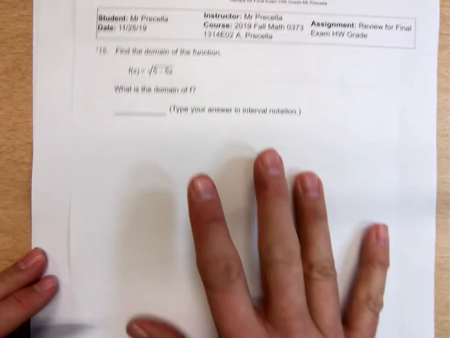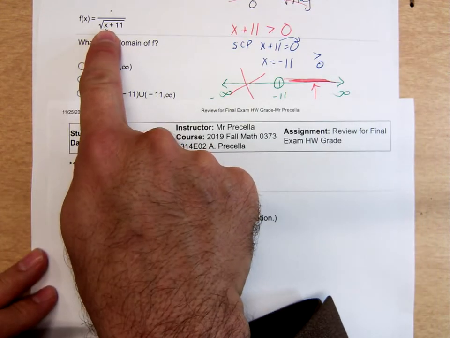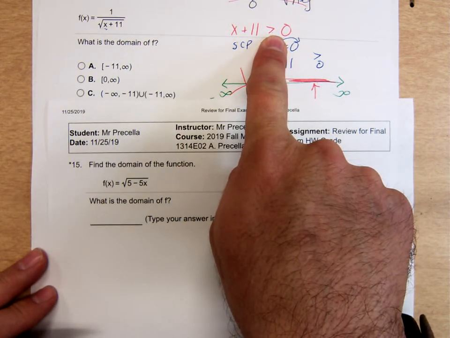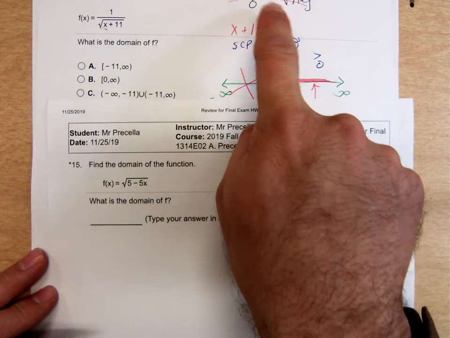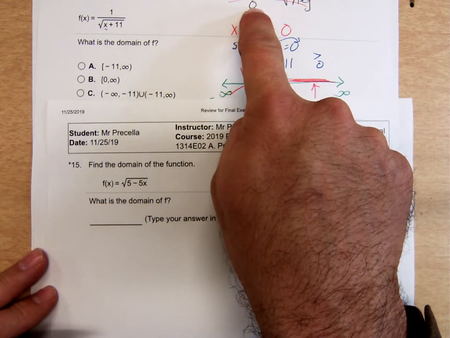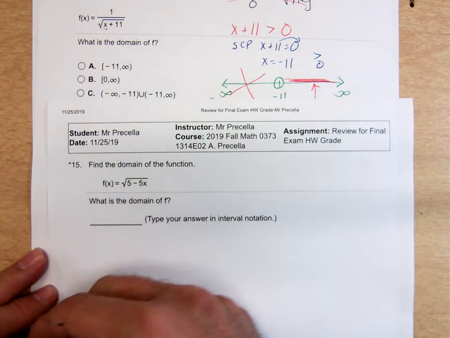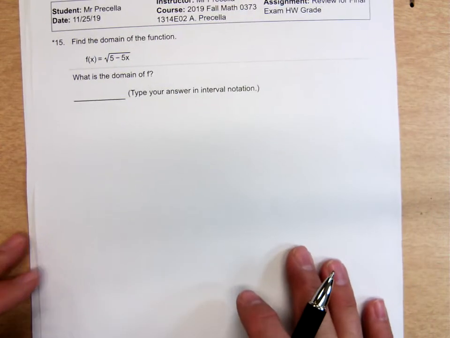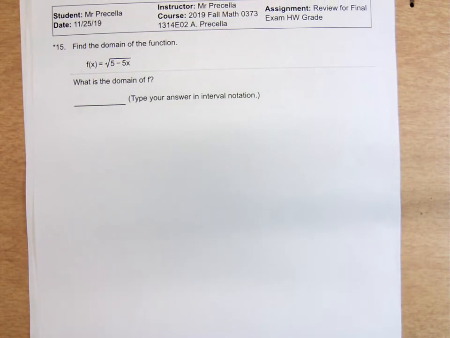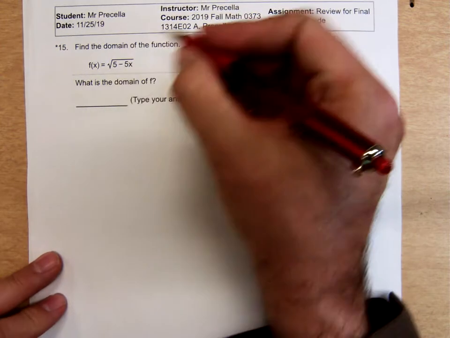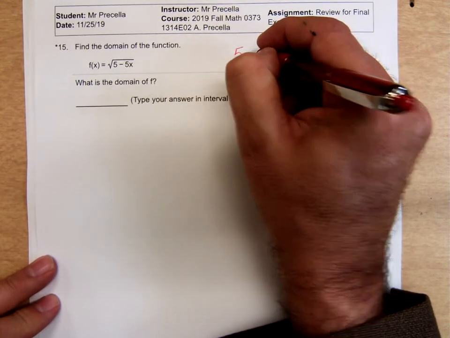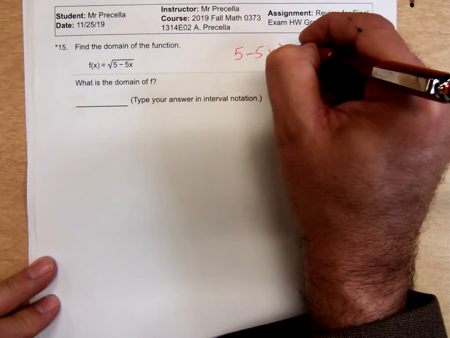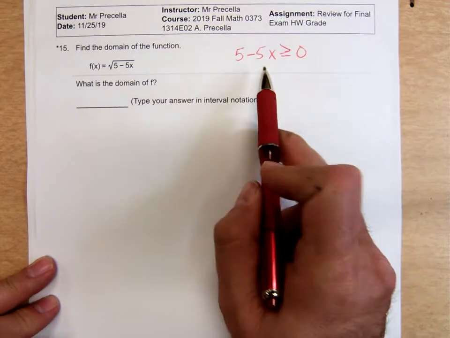On this one, since there was that fraction, that's why we just say greater than 0. Because we don't want it to actually equal 0, because that would give me a 0 in the bottom. But here we don't have a fraction. We just have a square root. So we're going to use cut points to solve this. 5 minus 5x is greater than or equal to 0.